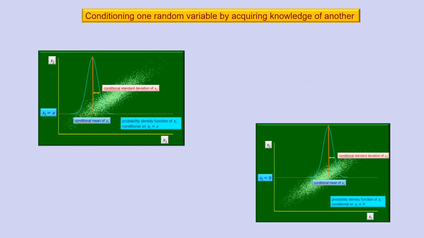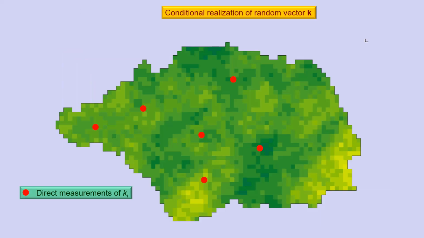Not only can I generate random realizations, I can also use the phenomenon of conditioning that we talked about a little while ago. I can come up with random realizations of hydraulic properties that are conditioned by the fact that I may have sampled those hydraulic properties at one or a number of points in space.